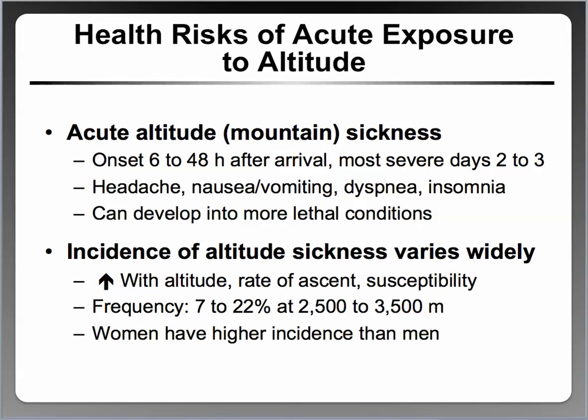So when we talk about incidence, it seems to increase with altitude, increase with how fast you ascend, and underlying physiological susceptibility. You've got a point there that says the frequency is anywhere from 7 to 22%.